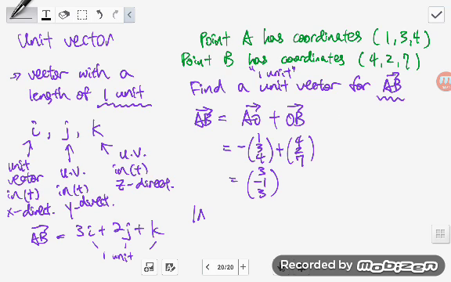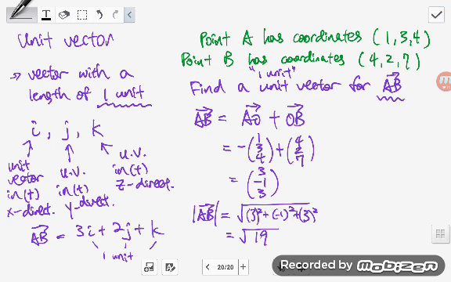So the length of AB is equal to 3 squared plus negative 1 squared plus 3 squared, always use a parenthesis, and if I remember correctly, that gives us square root 19. So this vector AB has a length of square root 19.